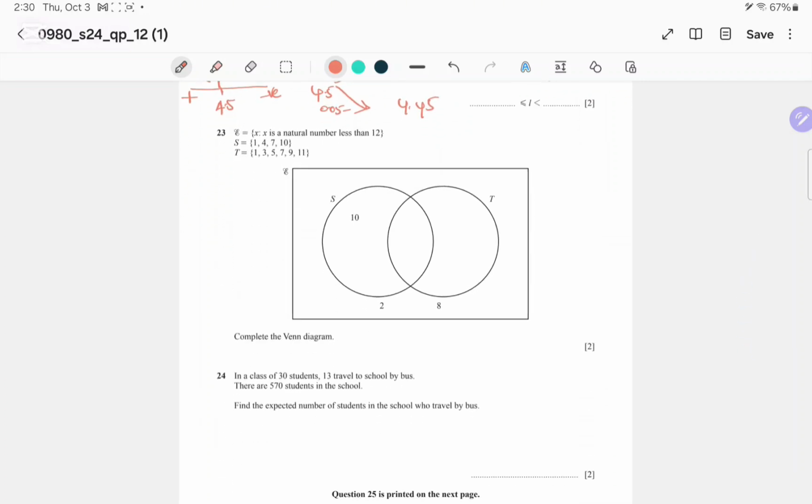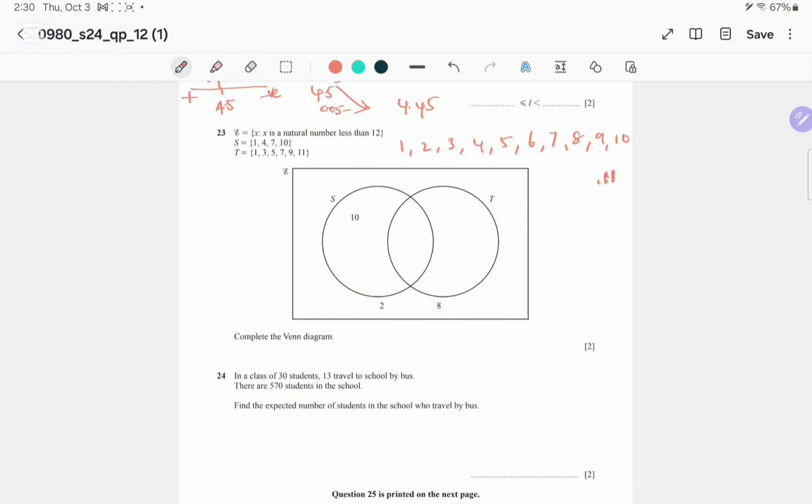Okay, 23rd question. X is a natural number less than 12. Okay, so total numbers we will get here are 1, 2, 3, up to 11, the last one. Okay, so some numbers are given already. 10 is given and 2 and 8 are given.